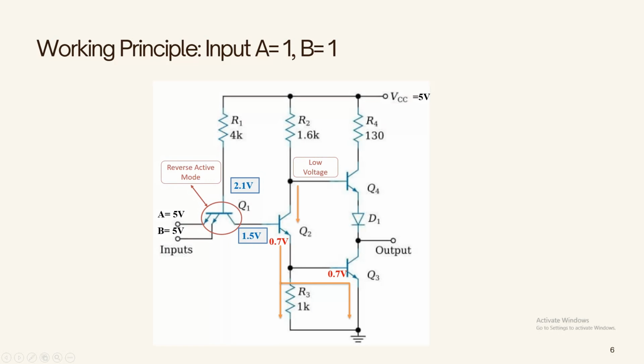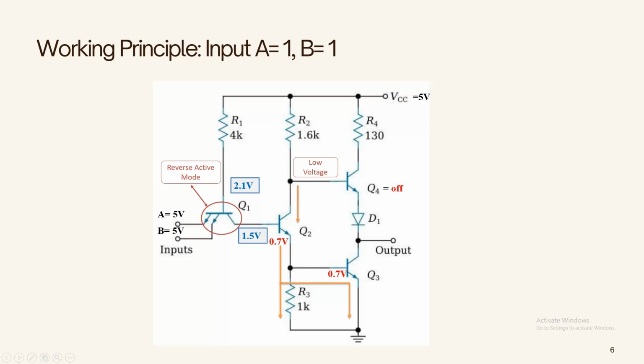This current flow will drastically reduce the voltage of the collector node of Q2. This low voltage cannot drive Q4 and D1, so the Q4 transistor would remain off, so there would be no current flow through Q4, and from that we can assume the output voltage is very low.